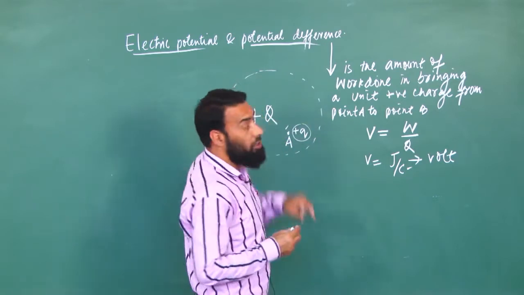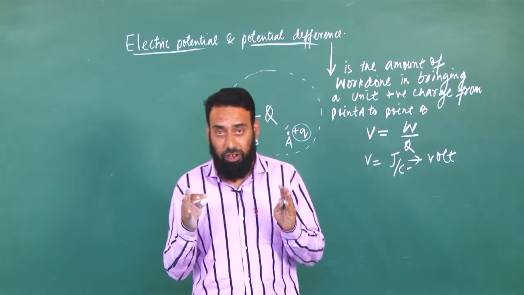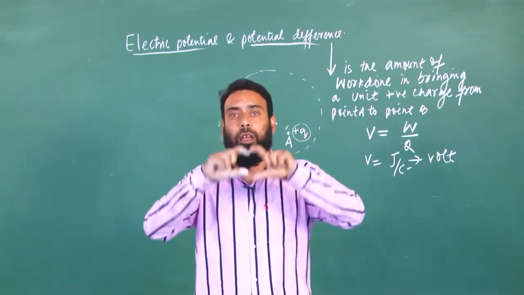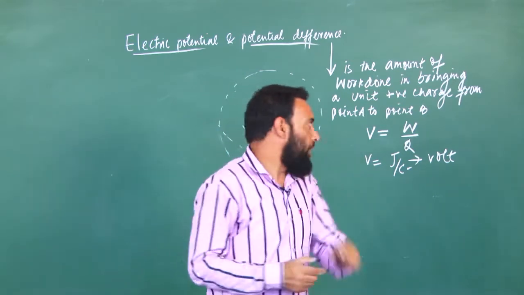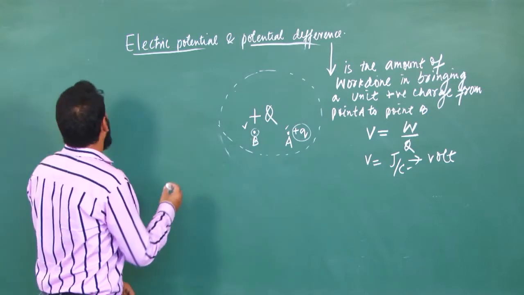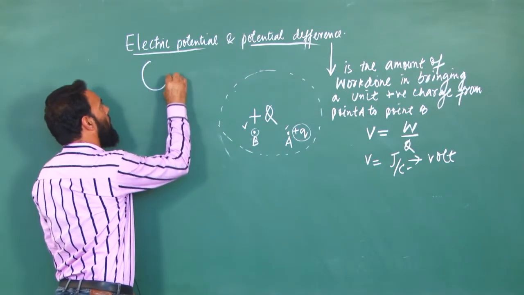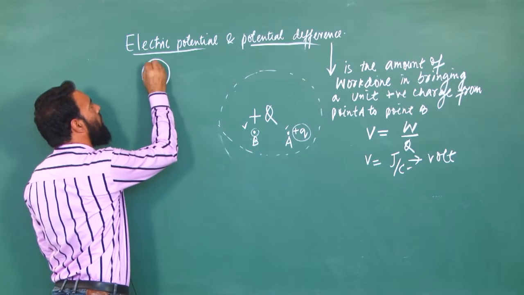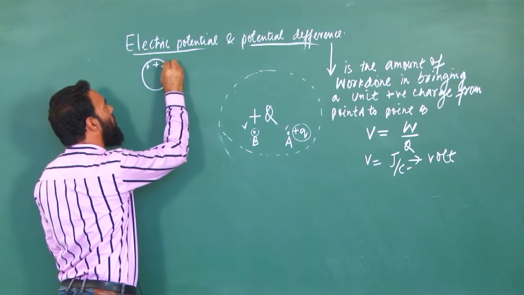Let us take an example. Now, what is this potential difference? In order to understand how this potential difference is important for flow of charge, take an example. We take two spheres. This is the one source sphere. It consists of positive charges.